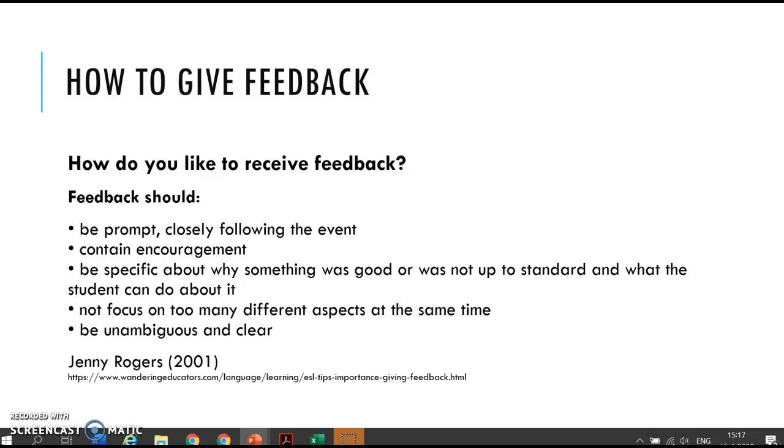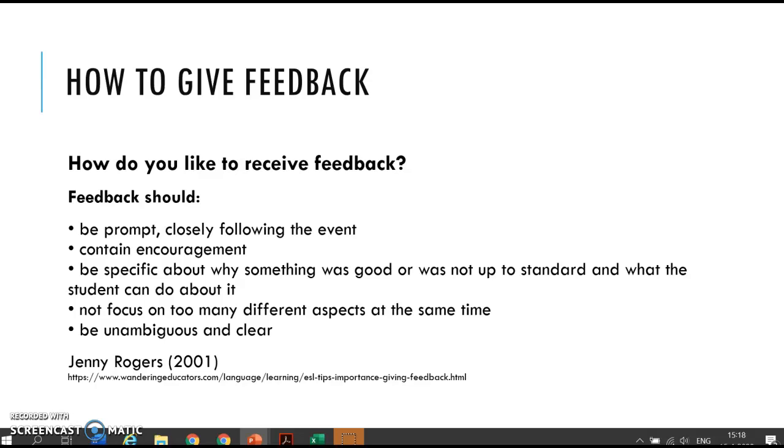You need to be very specific about why something was good or why something was not up to standard and what the student can do about it. So feedback should have an assignment almost in it. It needs to give pointers to how to improve, mainly addressing the fact that something was incorrect. It usually doesn't help anyone.